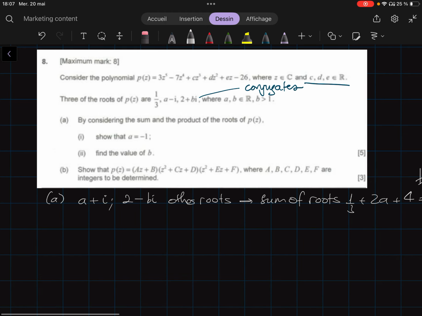Second part. Find the value of b. We're also given the product. Okay. So minus 1 to the power of 5 times negative 26 divided by 3 is equal to the product of all of these numbers.